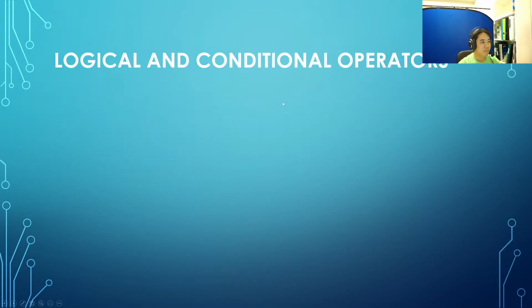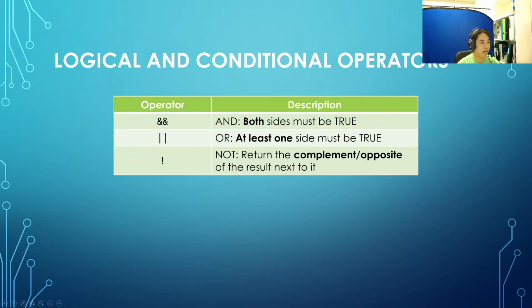All right, logical and conditional operators. These are also very important because we use them a lot. Just like C, we have the and, or, and not. These three are the primitive operations in COE 328. No surprise, except for the symbols.